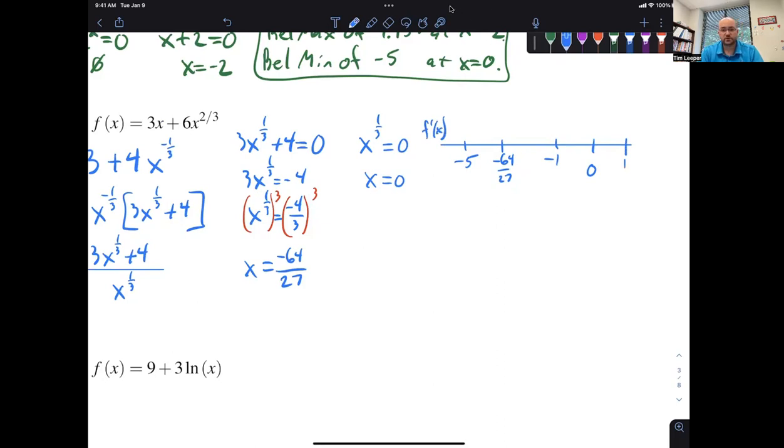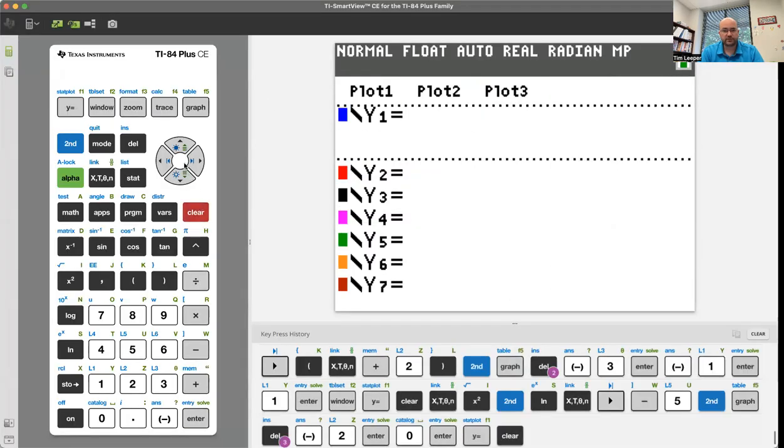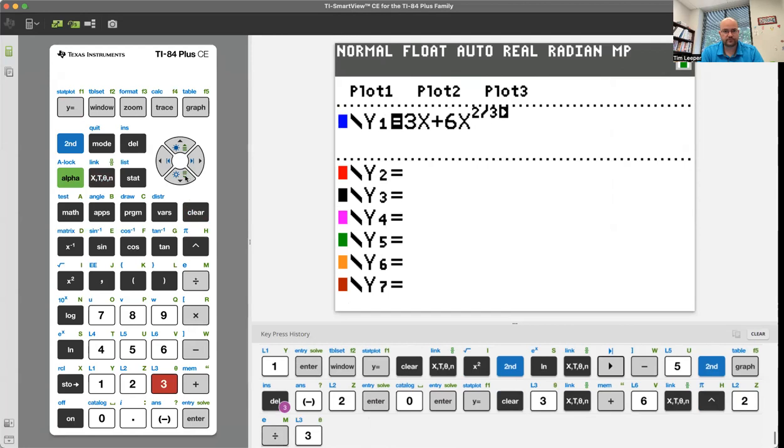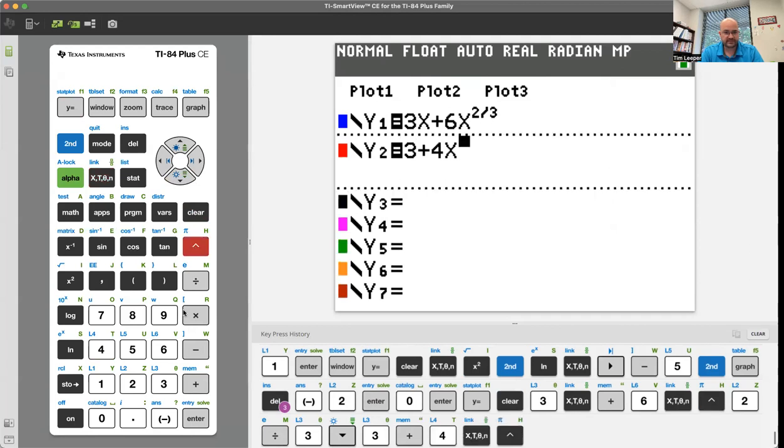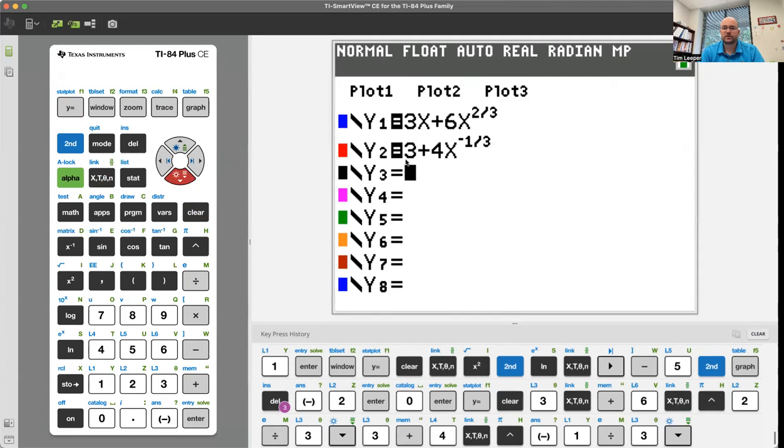So let's go to the calculator. On the calculator here, on y1, I'm going to type in the original function, 3x plus 6x to the 2/3 power. In y2, I'm just typing the original derivative we found, which was 3 plus 4x to the negative 1/3 power. No reason to not use this one.